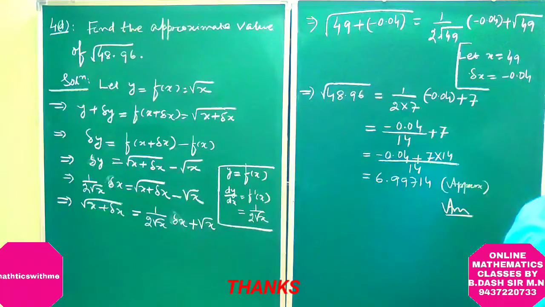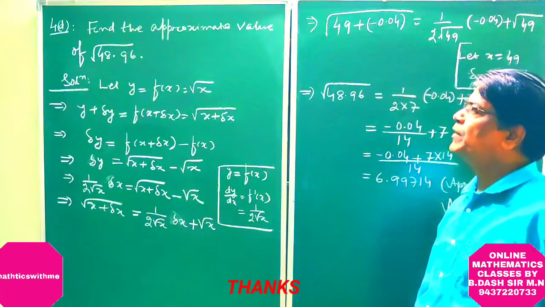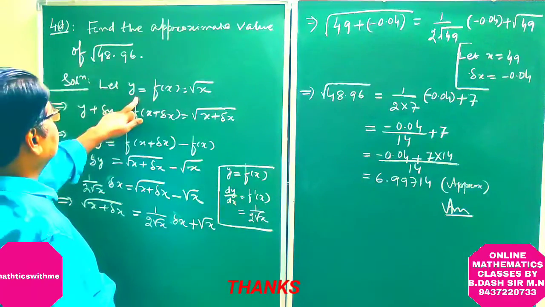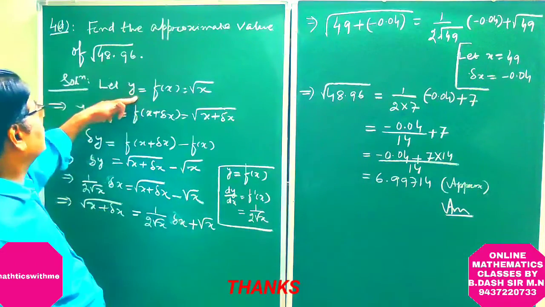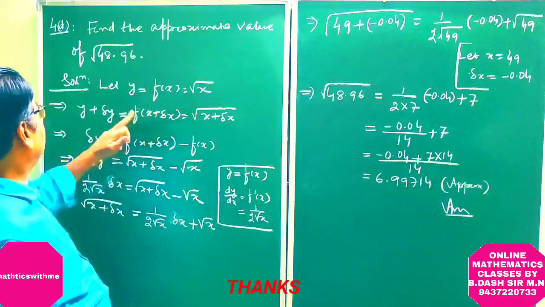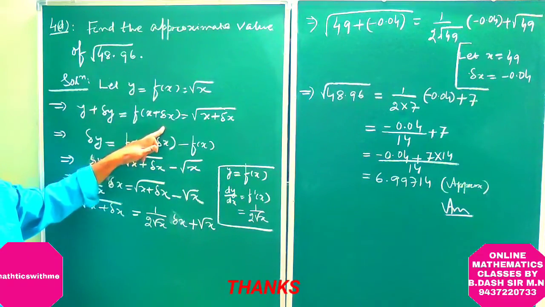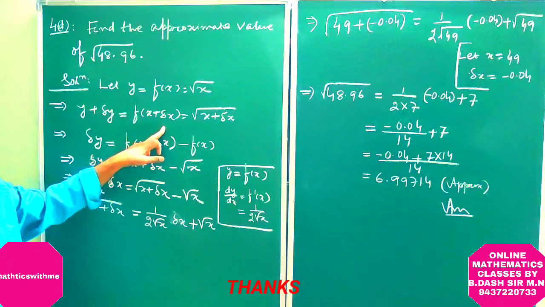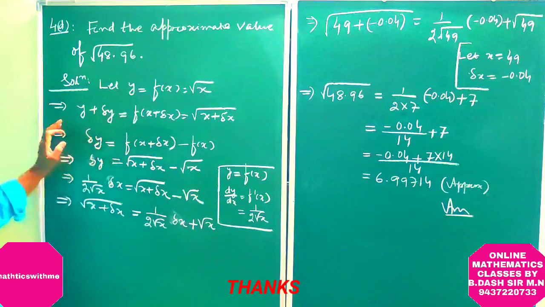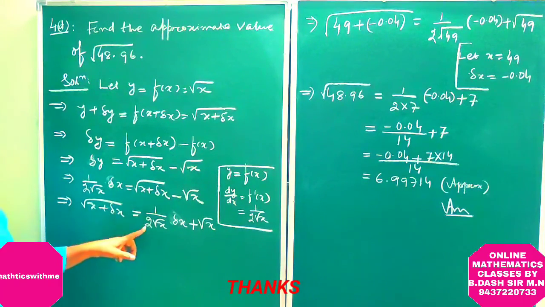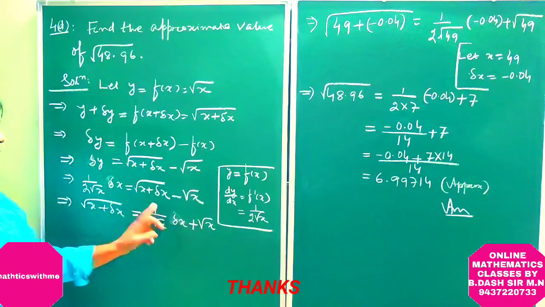Answer. Here the question is to find the approximate value of √48.96. So let us take y is equal to f(x) is equal to √x, then y plus delta y is equal to f(x plus delta x), which is equal to √(x plus delta x). Then after simplification we get √(x plus delta x) is equal to 1 by 2√x delta x plus √x.